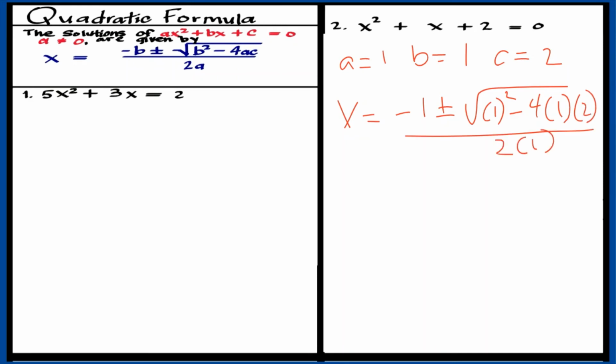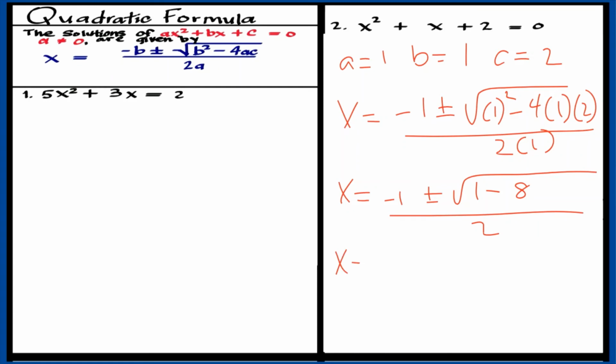So now I just simplify what's in my radical. So I get 1, a negative 4 times a positive 1 times a positive 2 is a negative 8. 2 times 1 is 2, all over 2. So now I have x is equal to negative 1 plus or minus radical negative 7, since 1 and a negative 8 is a negative 7, over 2.